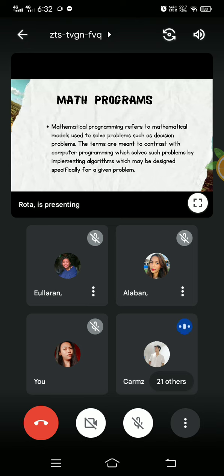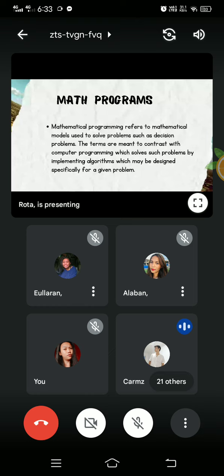So basically, when you say mathematics programs, these are designed programs, designed curriculum intended to develop mathematical skills. So in our Department of Education, we also have our math programs. We have our curriculum in math, and that's part of our mathematics programs.